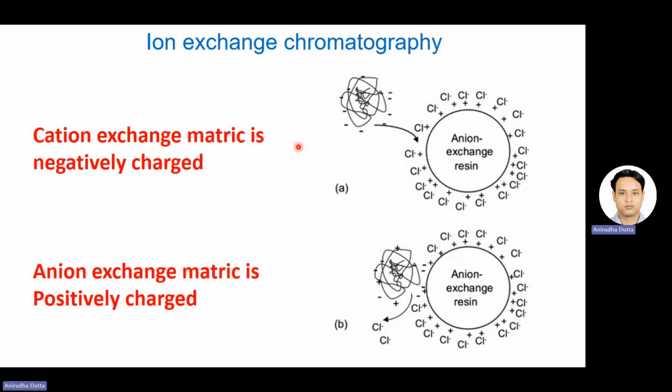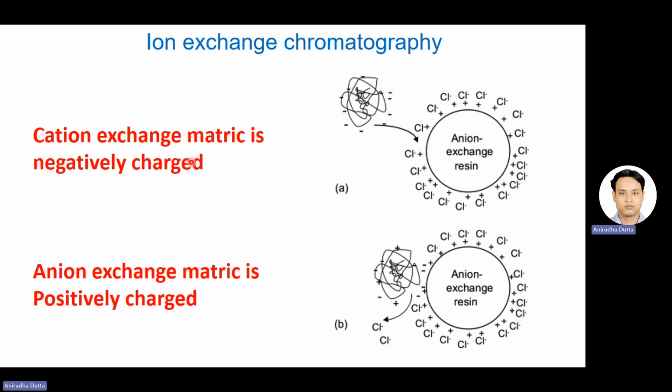Okay, so what we learned until now is that in case of anion exchange chromatography, the matrix would be positively charged, as we see here, and there will be complementary anions, and those anions would be replaced by the anionic, or net negatively charged, protein.